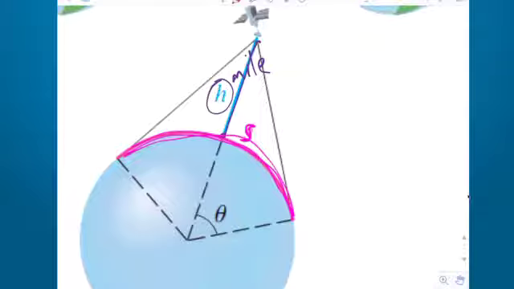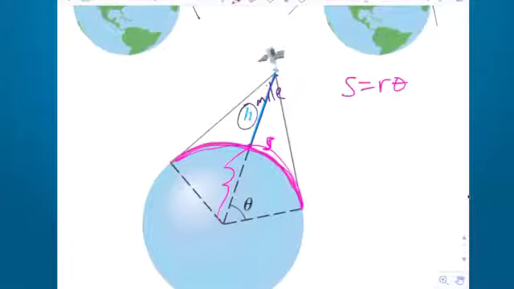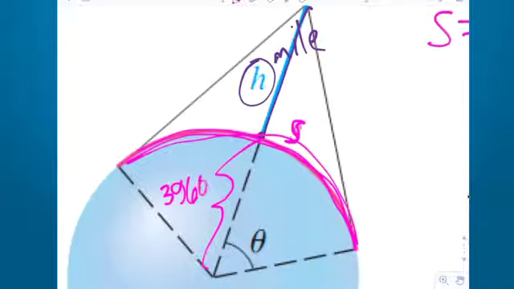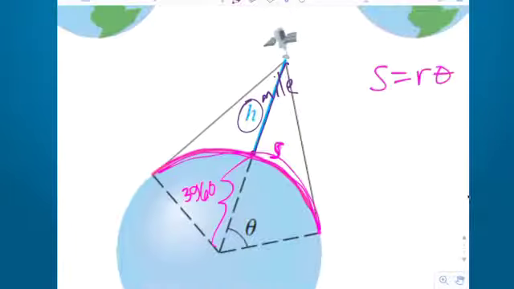Arc length. Good. So remember, the arc length formula is r theta. And of course, what is the radius of the Earth? 3960. So that's a constant. So h is a variable and 3960 is a constant.